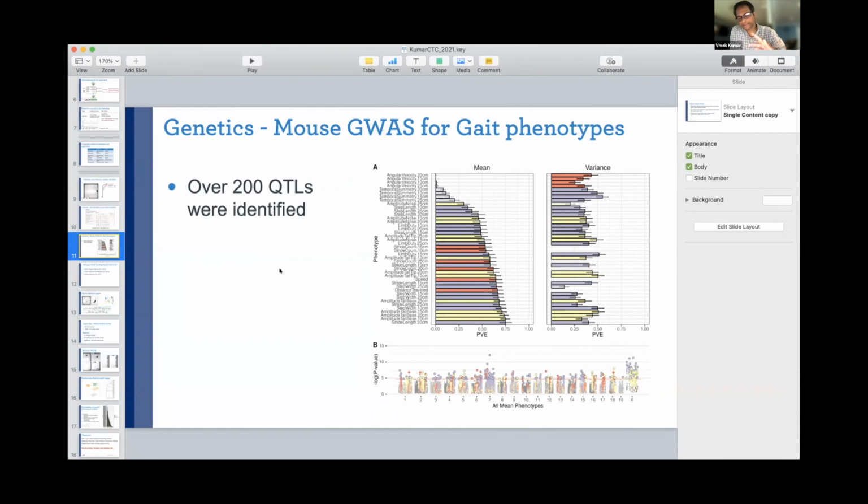I'm kind of trying to use genetics to verify this unsupervised learning method, and to really prioritize the behavioral motifs that may be most important for disease. So that's really the goal here. And I will point out that angular velocity, for instance, or temporal symmetry is low heritability. But if you look at the variance of that phenotype, it is more heritable.